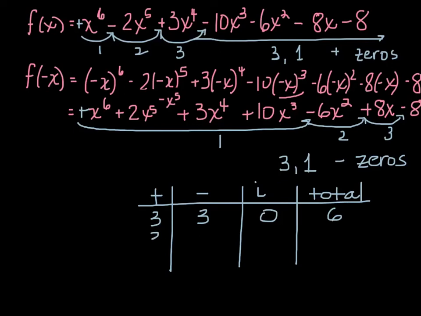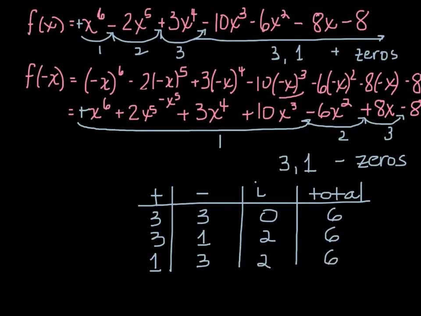But if I have 3 positive and only 1 negative, then that would leave me 2 imaginaries for a total of 6. I could have 1 positive and 3 negative, which would leave me 2 imaginaries for a total of 6.